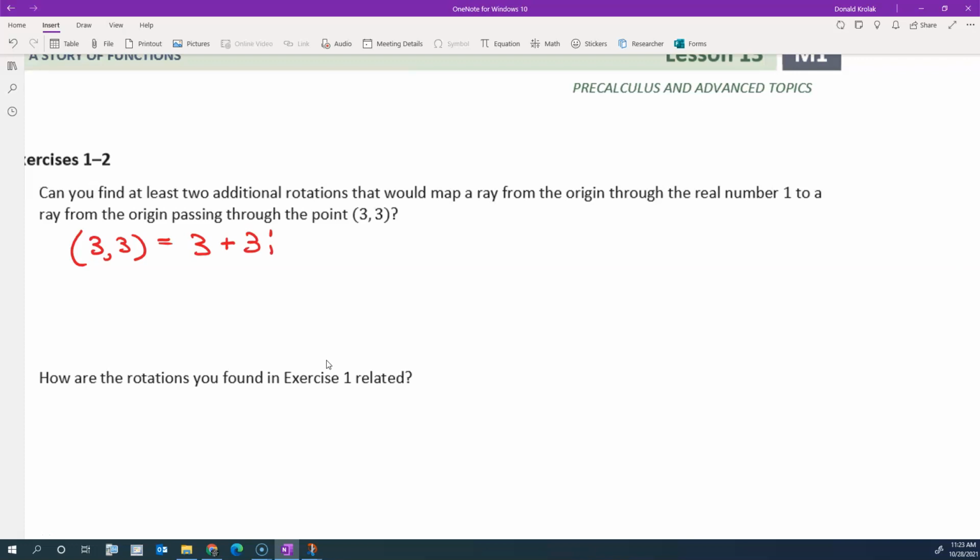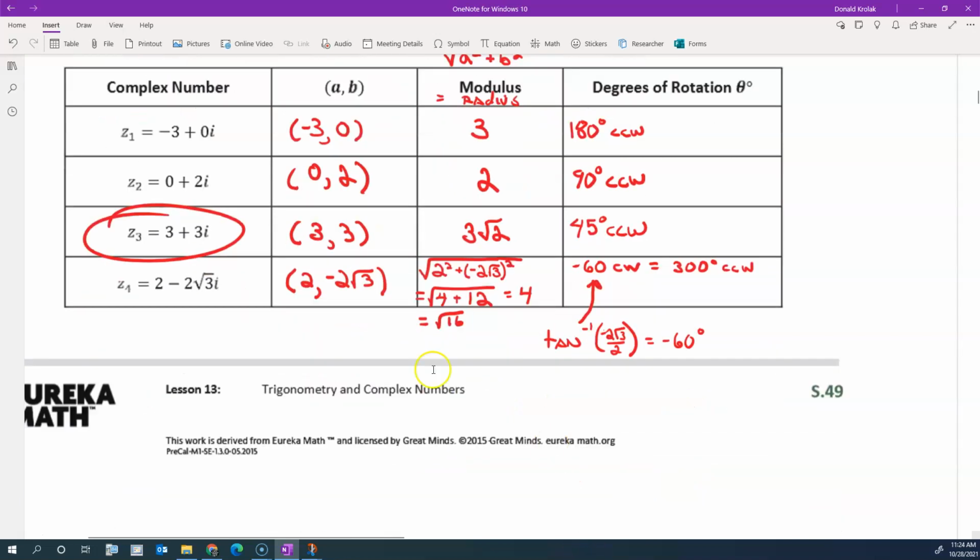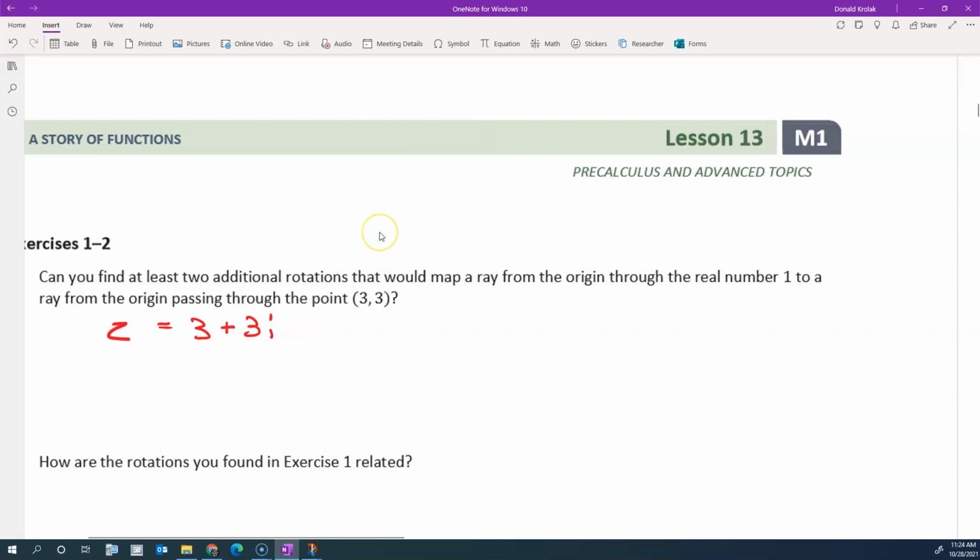We called this point Z3, and we described Z3 as having an angle of 45 degrees.